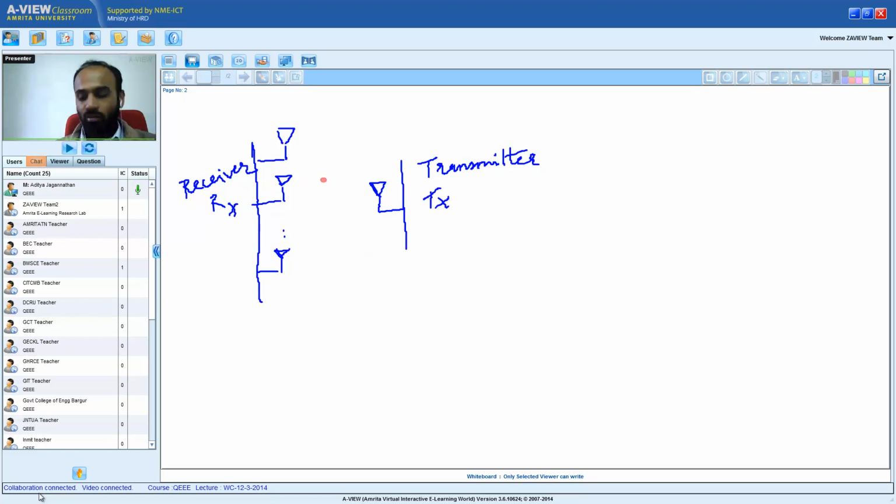And therefore, what I have here is the channel coefficient between the transmitter and the first receive antenna is H1, the transmitter and second receive antenna is H2, and so on and so forth. I have HL. So I have the total number of antennas L here.